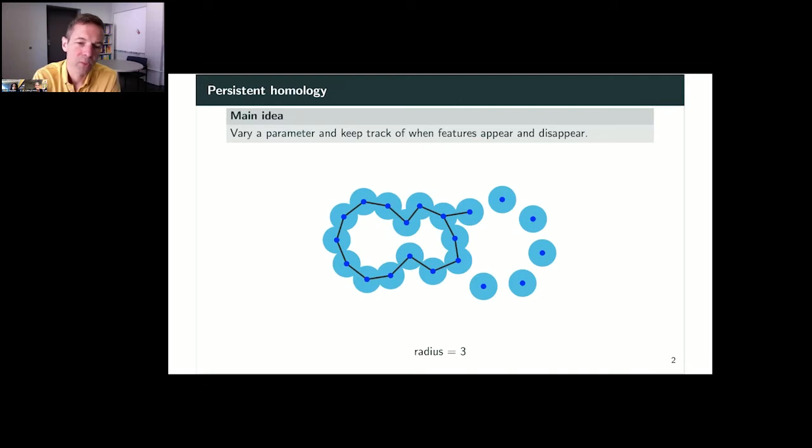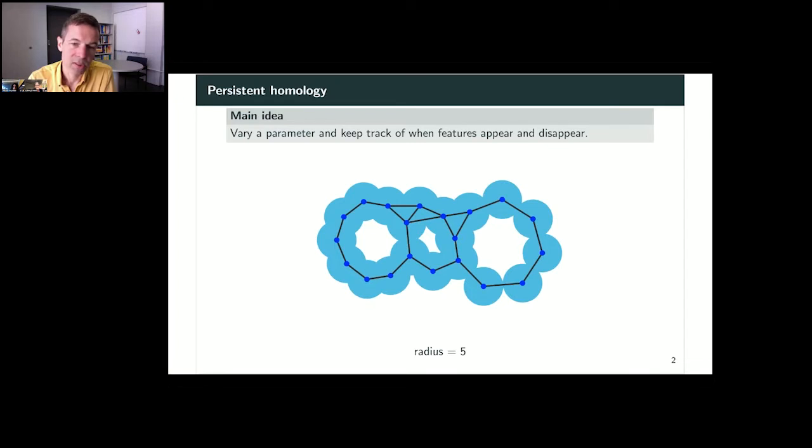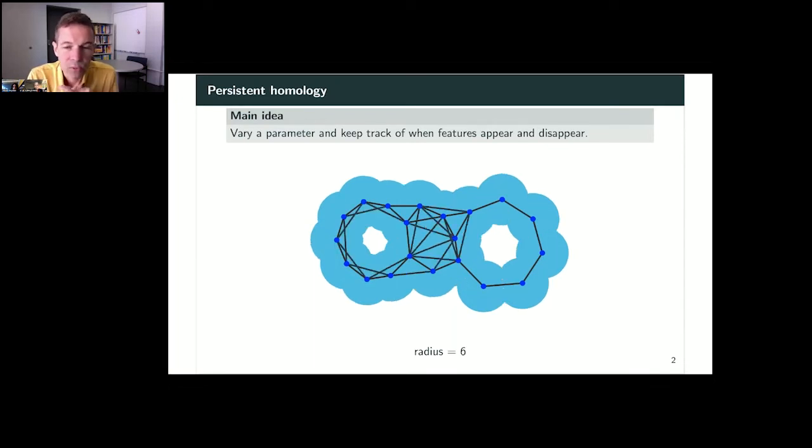And for our purposes, we're going to think of it as a simplicial complex. So it consists of vertices centered at the starting data points, and then edges corresponding to intersecting pairs of balls, and then we have triangles whenever three balls intersect, and so on for higher dimensional simplices. So we see as we increase the radius, we get this increasing family of simplicial complexes, and homology is particularly good at recognizing cycles.